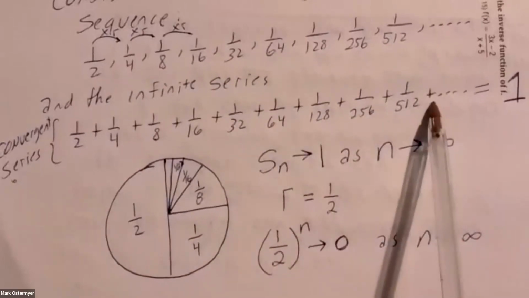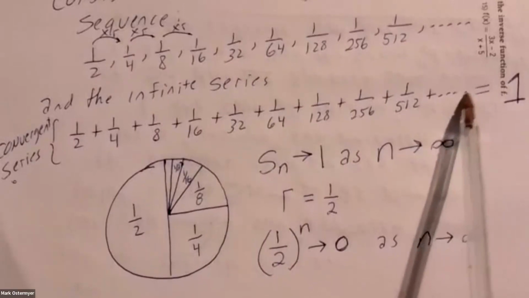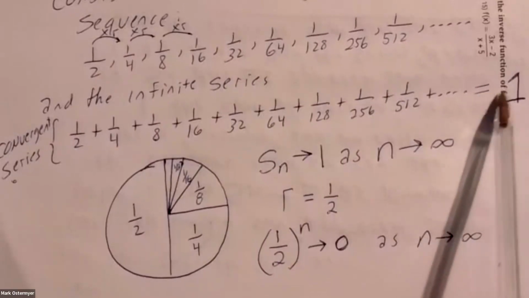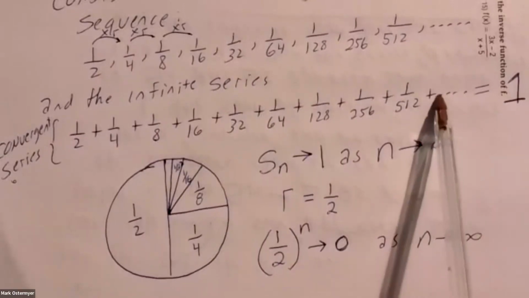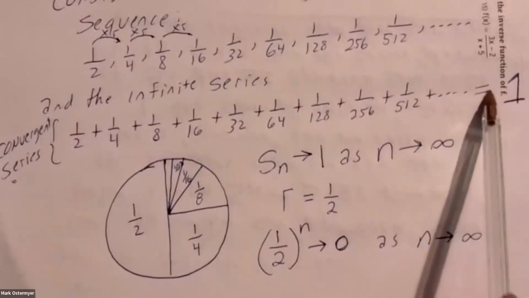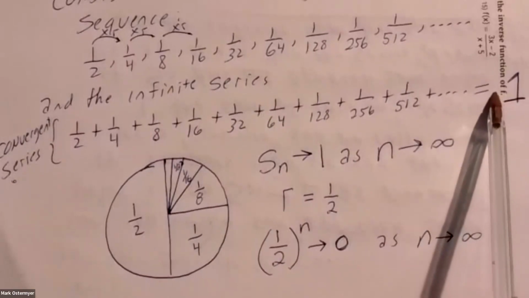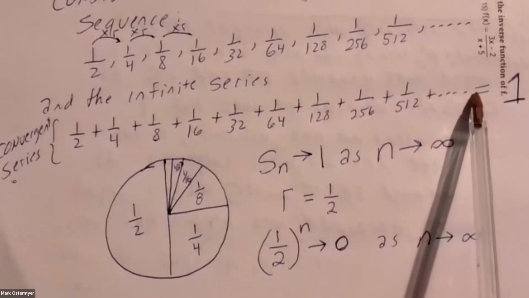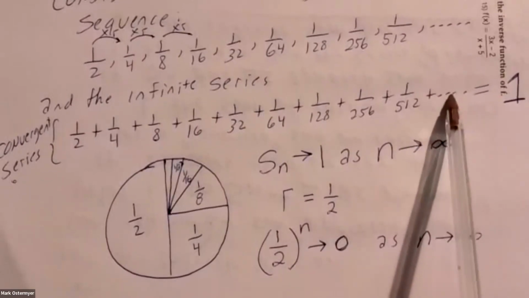Granted, yes, we keep adding till the end of time or eternity, more and more terms, but these terms are getting so small once we get way out here that their contribution to the sum we've already accrued becomes smaller and smaller.